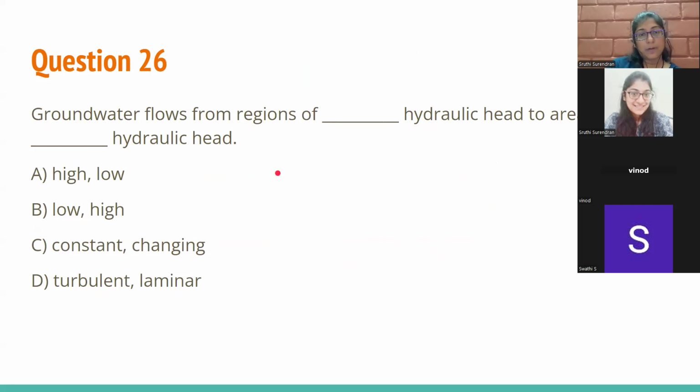Groundwater will flow from regions of dash hydraulic head to areas of dash hydraulic head. What combination is the correct answer? Correct answer, it is from high to low.